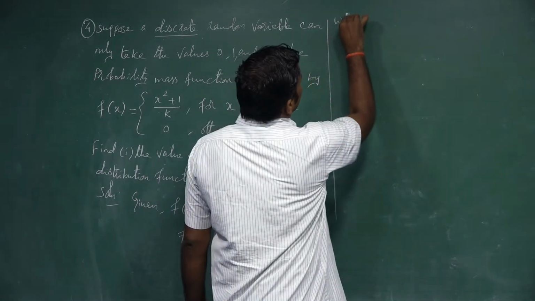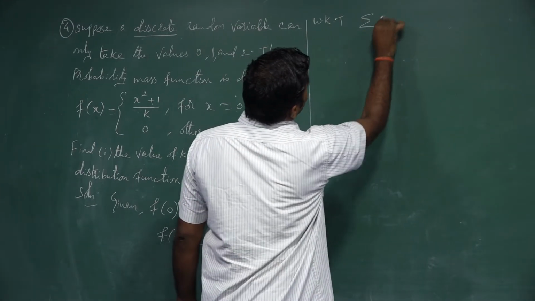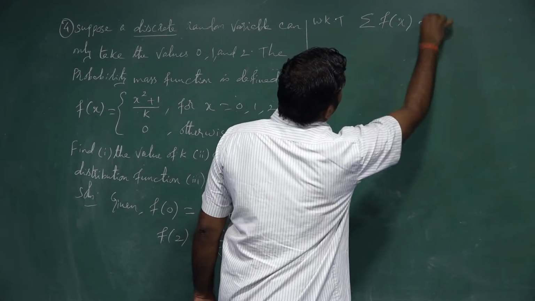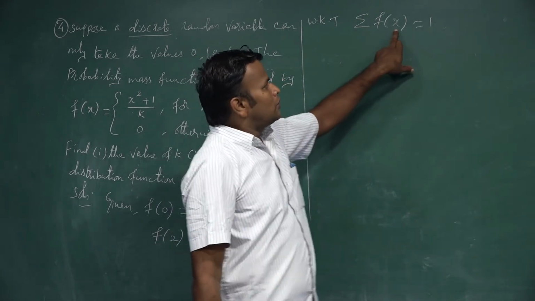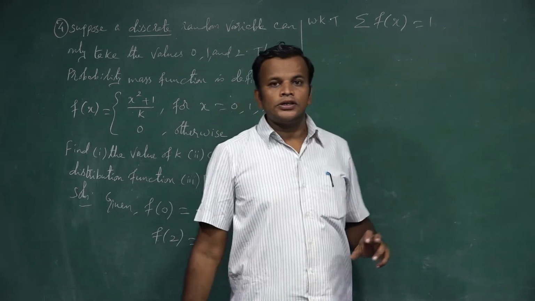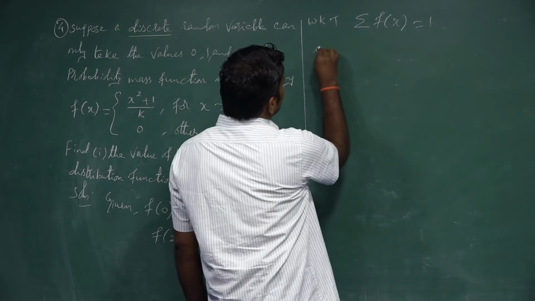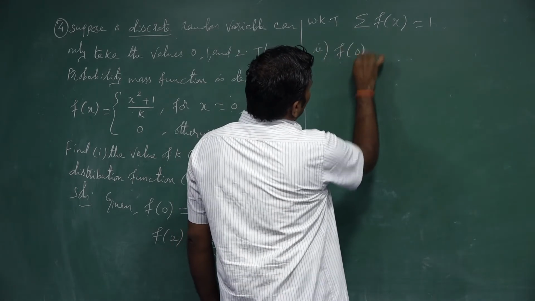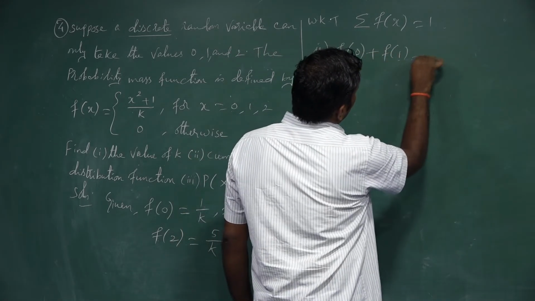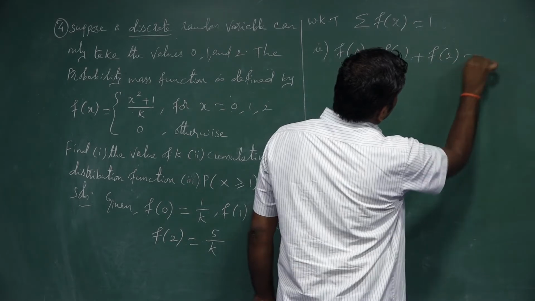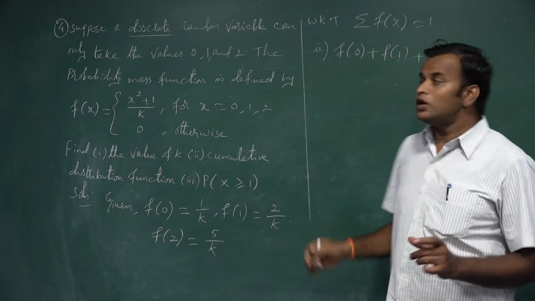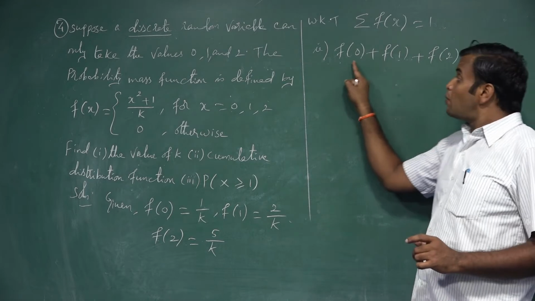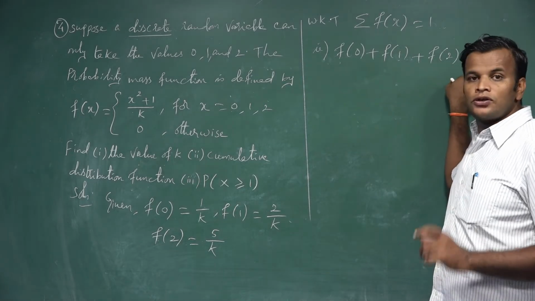We know that the summation of f of x over all values should be equal to 1. That is, f of 0 plus f of 1 plus f of 2 is equal to 1, because f of x is possible only for these 3 values, so the sum of all values is always equal to 1.